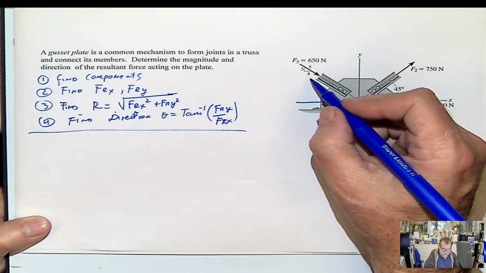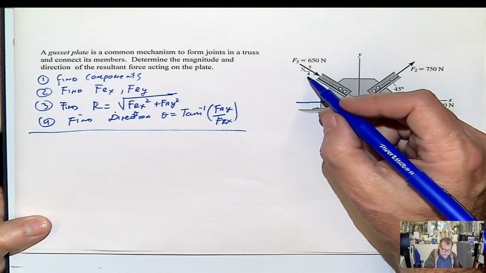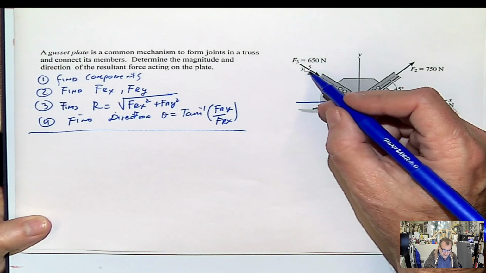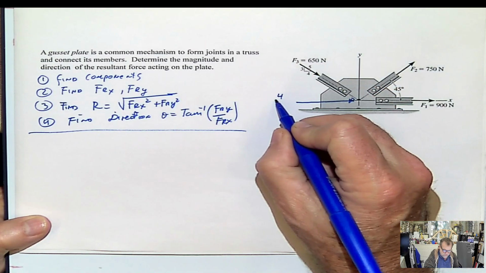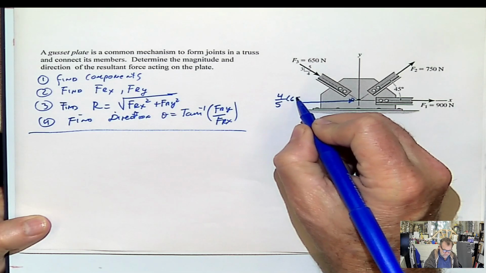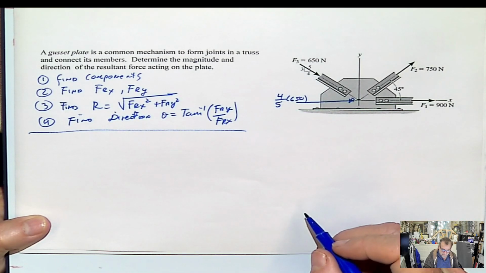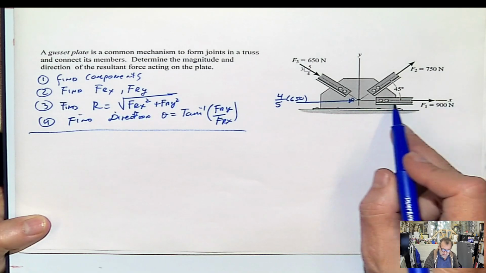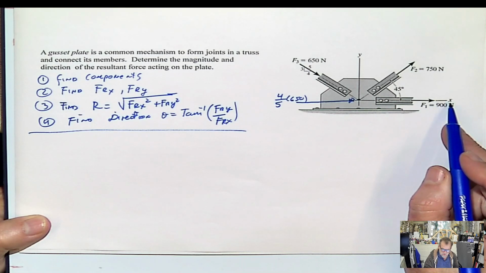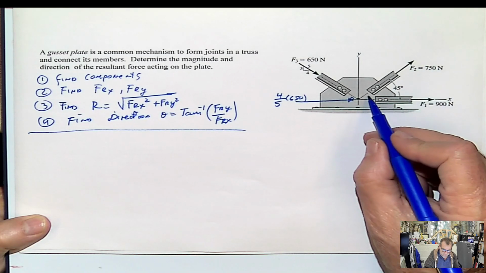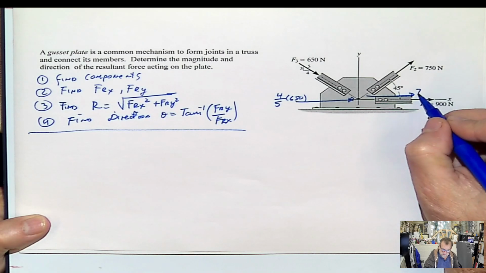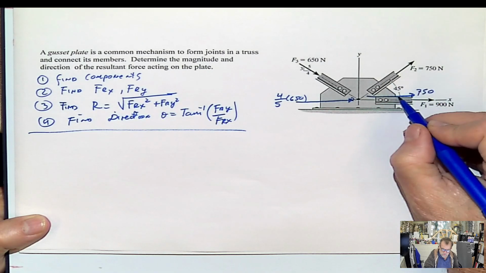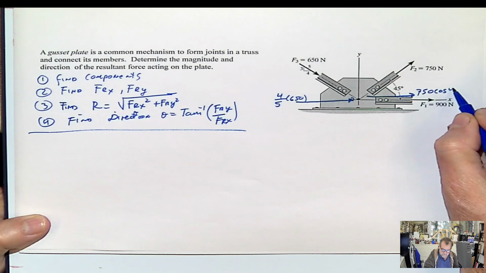But by now, you shouldn't even be thinking about calculating that angle. So it's going to be 4/5 multiplied by 650. That's the value for that horizontal force. For F1, everything goes in the X direction, so 900. And for F2, the horizontal component is just 750 cosine 45 degrees, because it's adjacent.